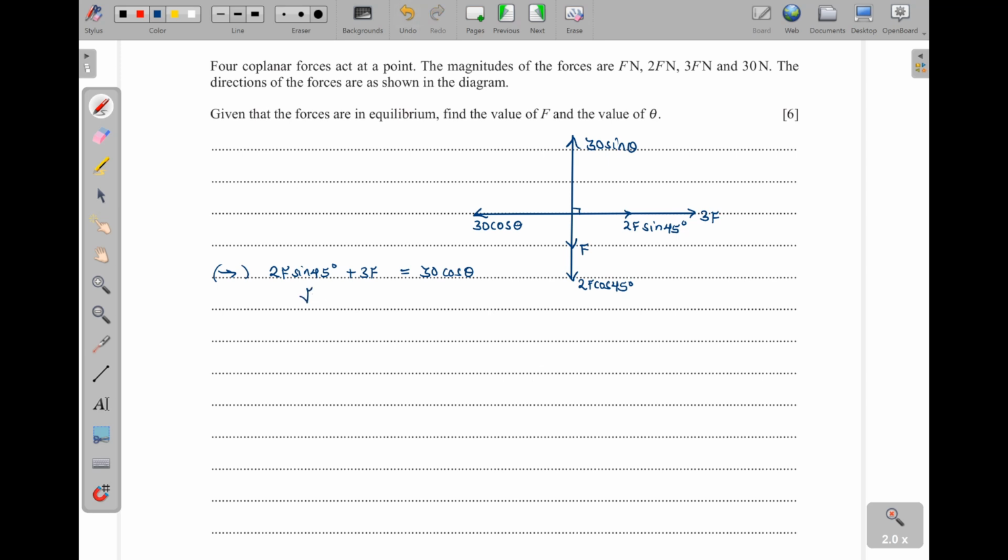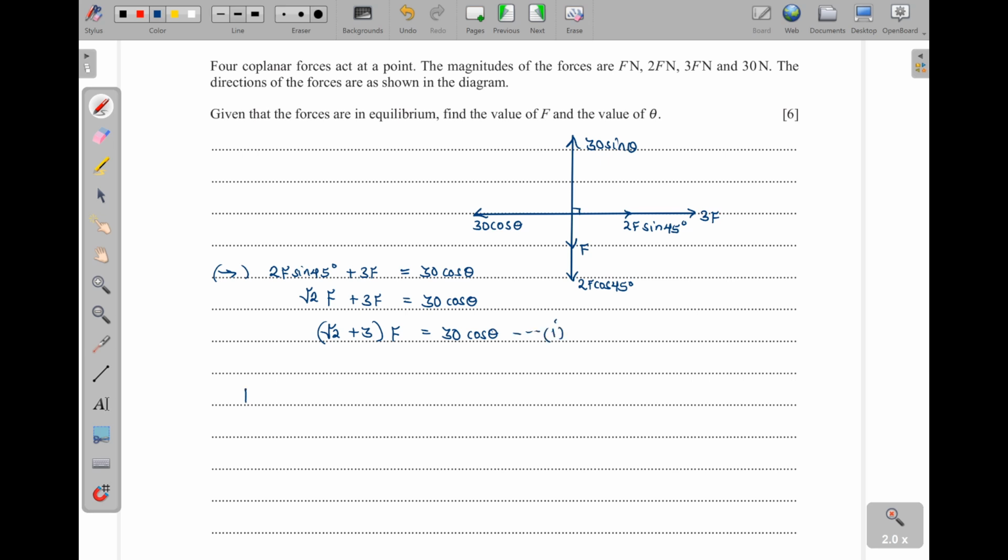So that will be root 2 F plus 3F is equal to 30 cosine of theta. All right? So I can leave this one as my equation 1, or I can even factorize out the F, and I say root 2 plus 3 of F is equal to 30 cosine of theta. So that is my equation 1.